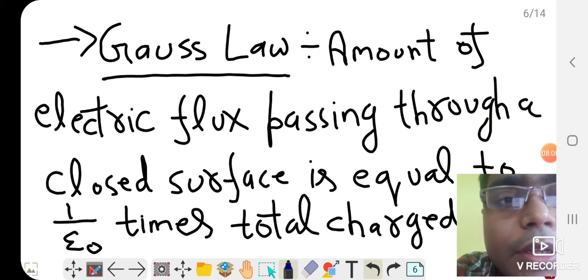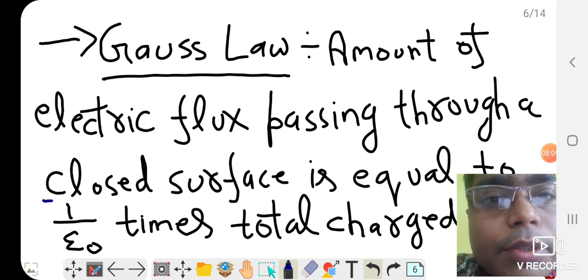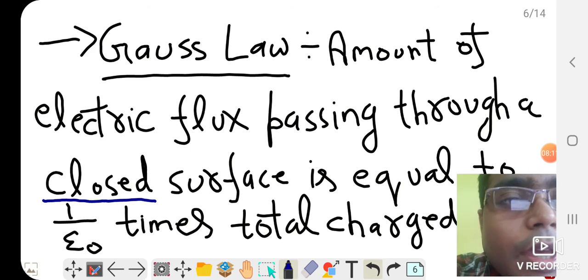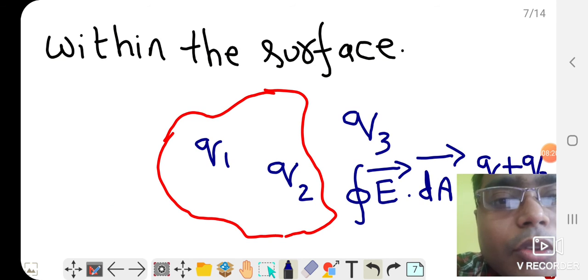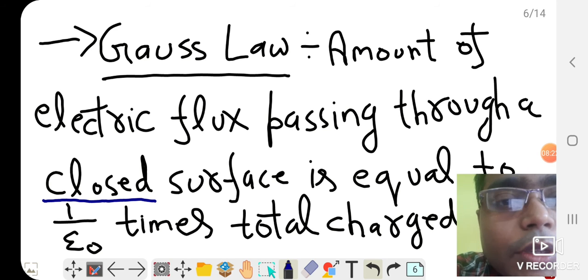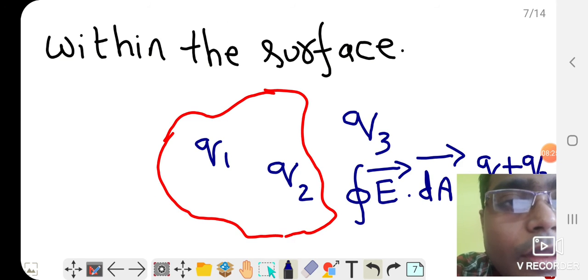It is related to the electric flux. The statement is that the amount of electric flux passing through a closed surface, so the surface has to be closed, is equal to 1 upon epsilon naught times the total charge enclosed within the surface. That means if we consider a closed surface, as you can see in the diagram, in which there are two charges q1 and q2, and outside the closed surface there is another charge q3.